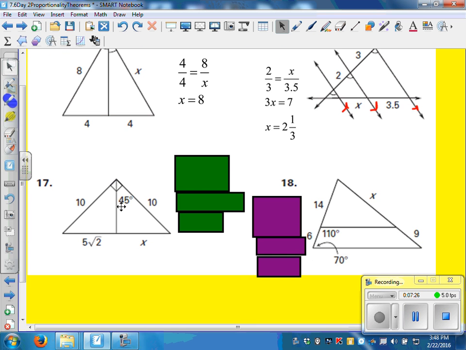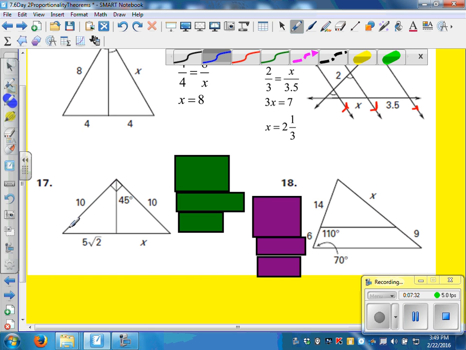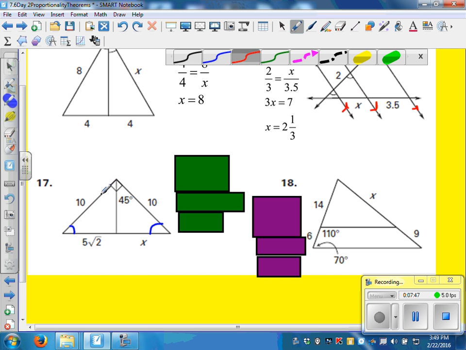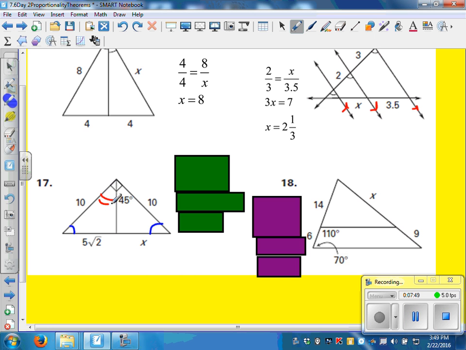Number 17. In this particular problem, you have an isosceles triangle. And mark those like that. So in this particular picture, we also have a 45-90 relationship. These are 45, so these two angles are being bisected as well.